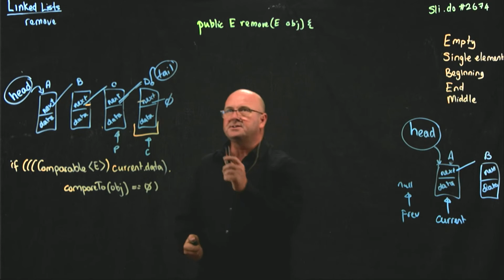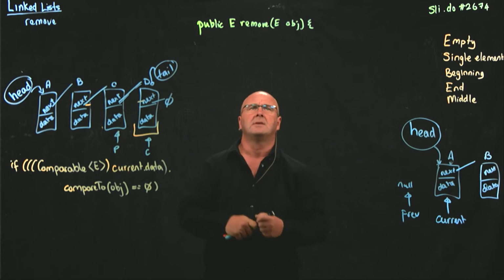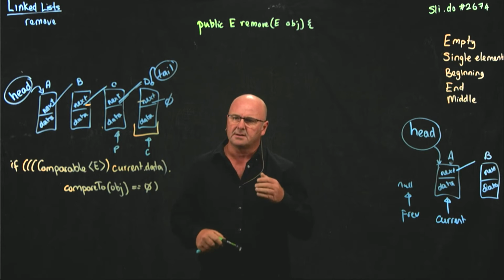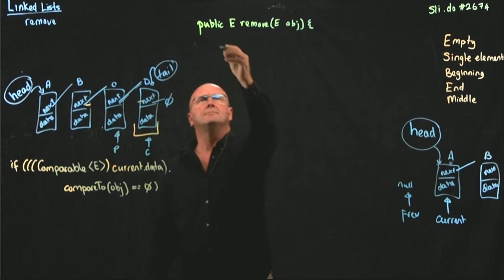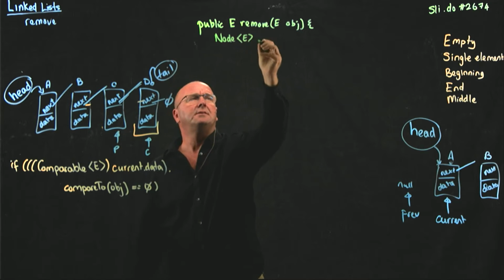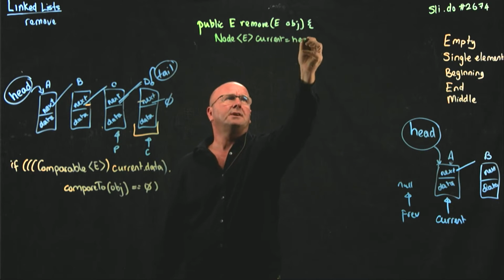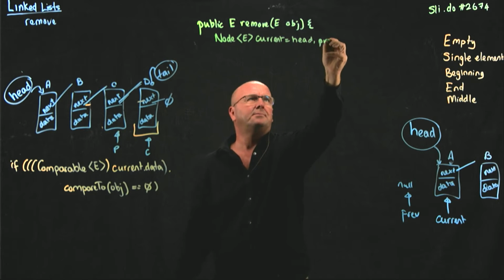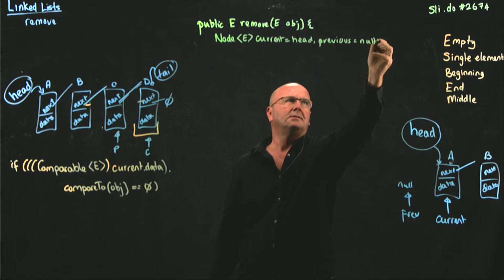So the way that we're going to do this code is we're going to have our same previous and current pointers. So let's set those up. Node E current is equal to head, and previous is equal to null. Cool.